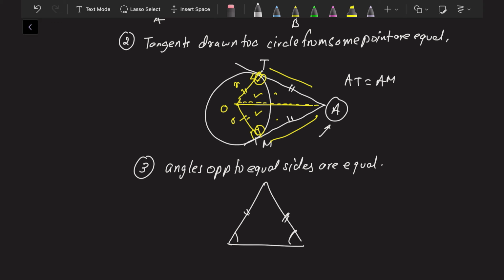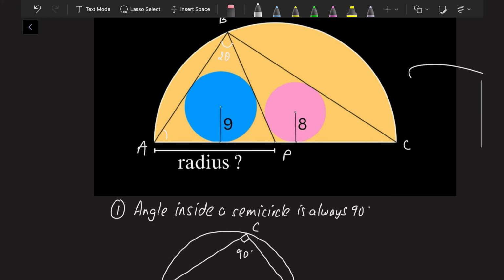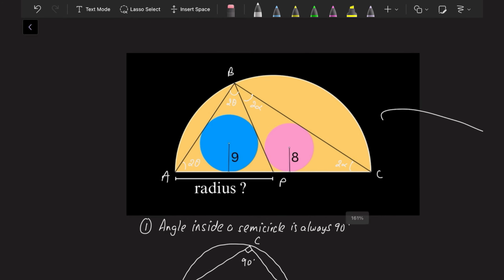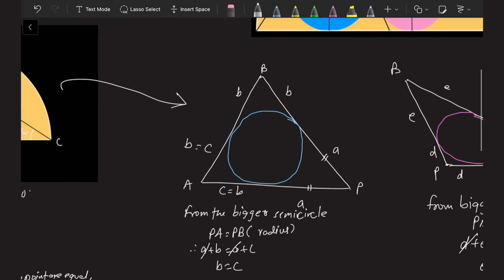The proof of this is also very easy. All you need to do is drop a perpendicular from here, right angle, these two triangles will become congruent by right angle hypotenuse side, and you will get that this angle is equal to that angle. So as PA was equal to PB, if I mark that angle as 2 theta, this will become 2 theta. Similarly, if I mark this angle as 2 alpha, this angle will become 2 alpha. Okay, so in this diagram also let us mark that thing.